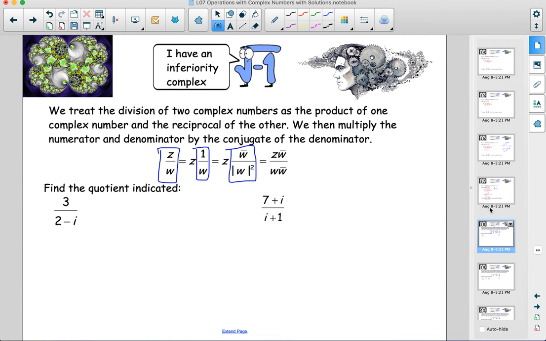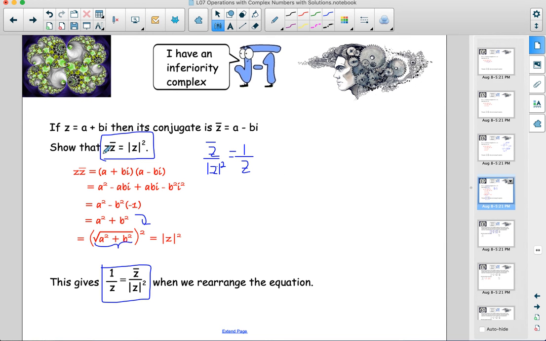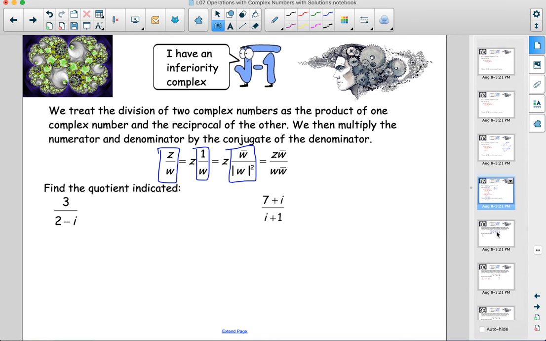Now let's back up a bit and come back over to this slide. We've also proven that w times its conjugate is the magnitude of w all squared. So we then can come back over to here and we can replace the magnitude of w squared with w times its conjugate. So in the end, this is where we are.